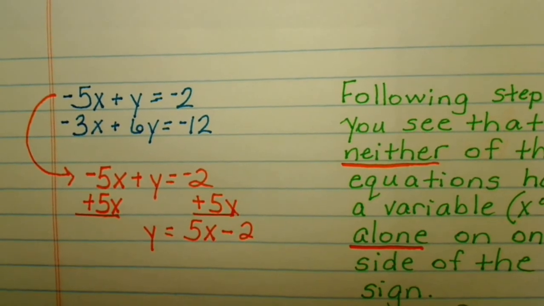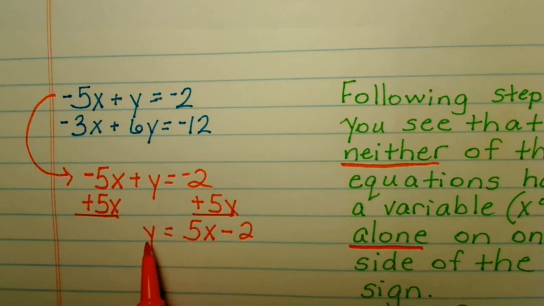All right, now it's time to go back and follow the steps that were on the front of your paper. Step 1, make sure you have one of your variables alone on one side of the equal sign. Now we have it. Step 2, substitute what that variable is equal to into your other equation.